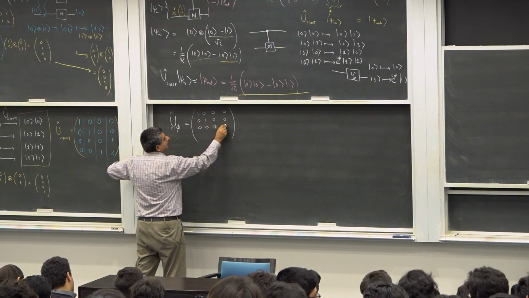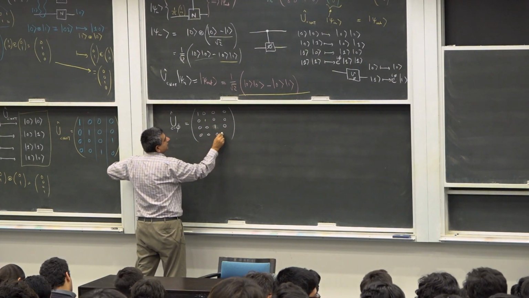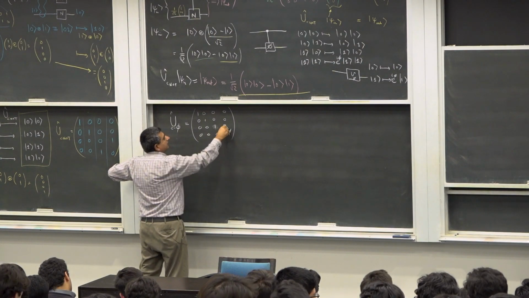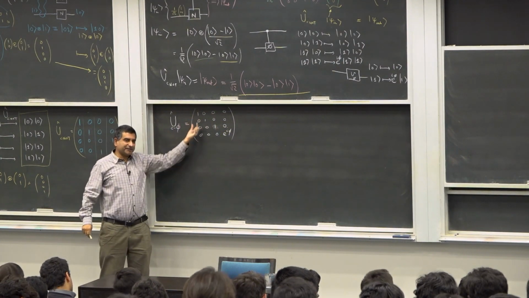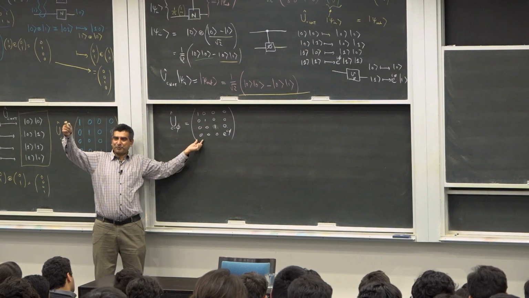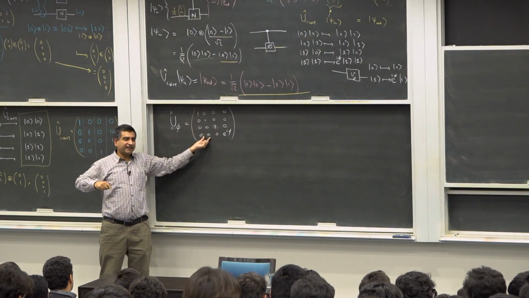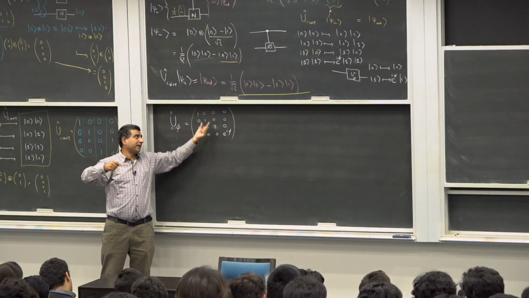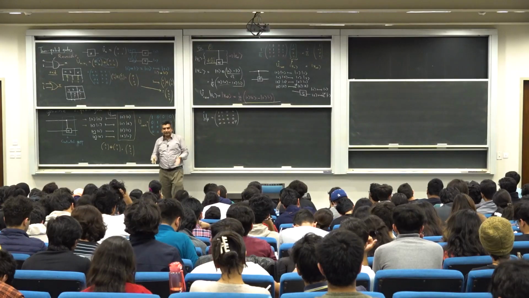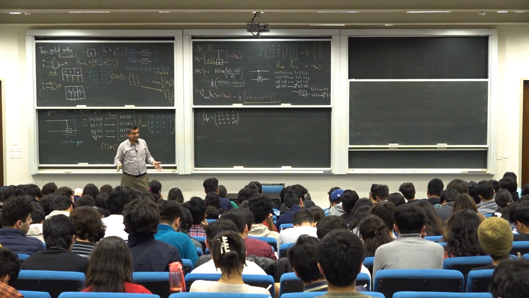So this is the first column vector which represents the output with the first input state, second input state, the output corresponding to it, third, fourth, and so on. This is the matrix for the controlled phase gate.